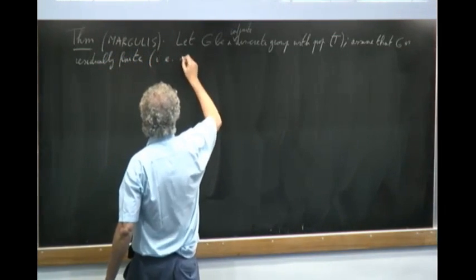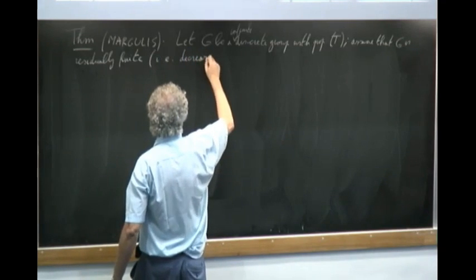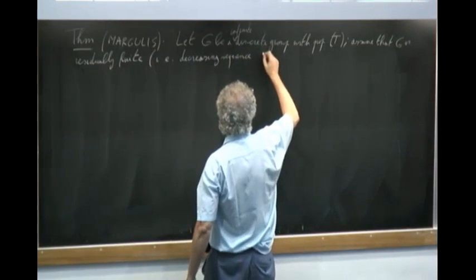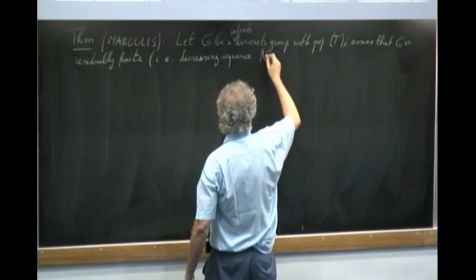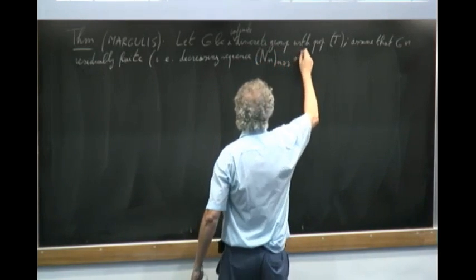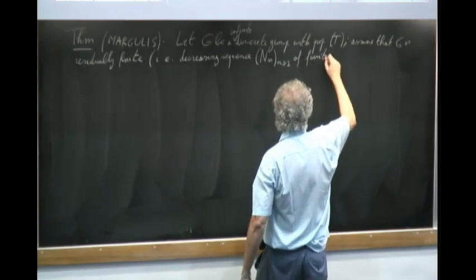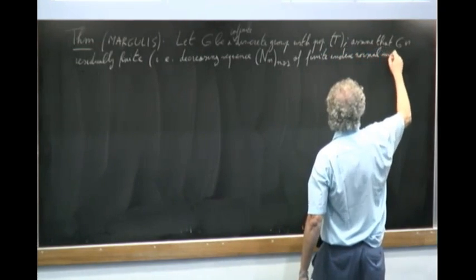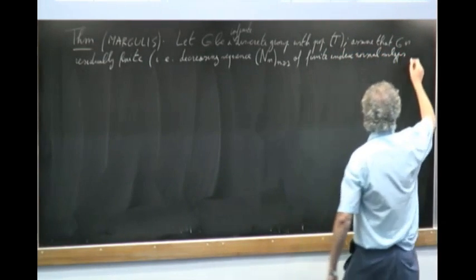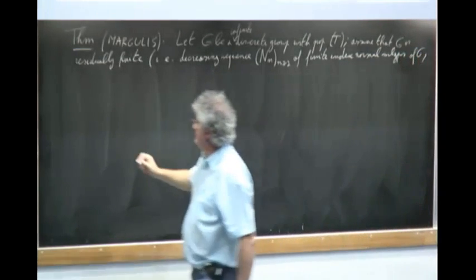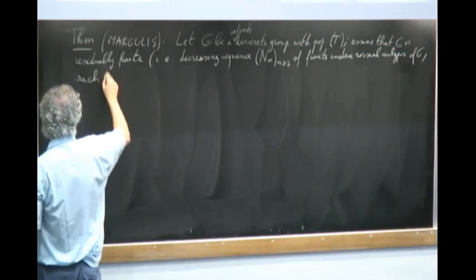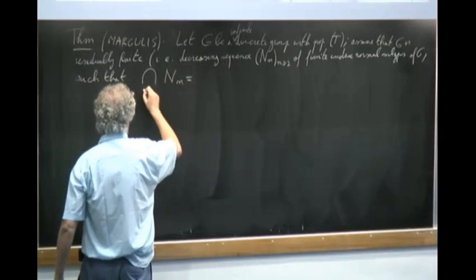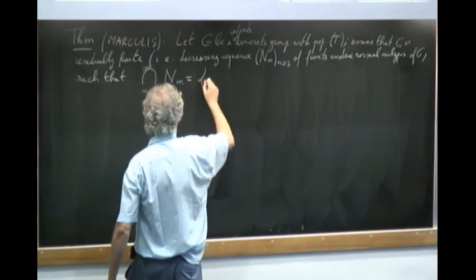There exists a decreasing sequence N sub n of finite index normal subgroups of G such that the intersection of all these normal subgroups is reduced to the identity.